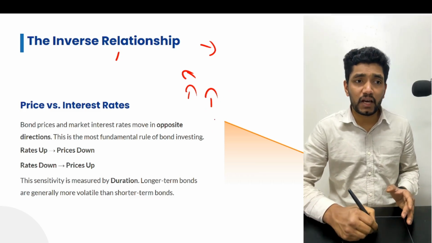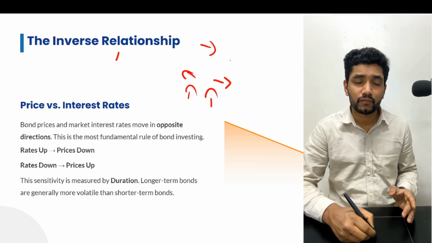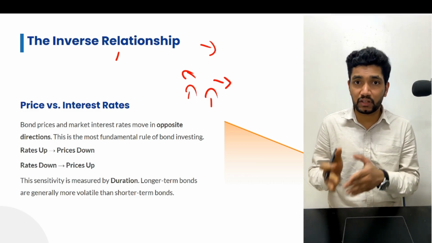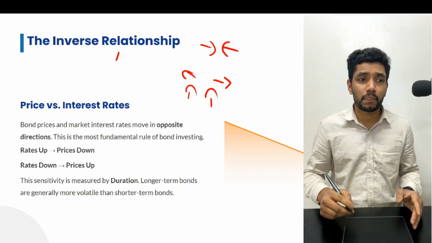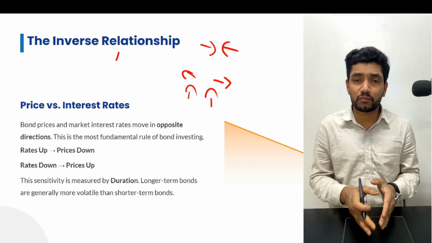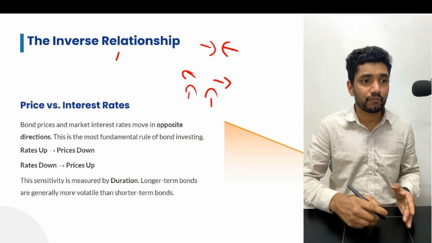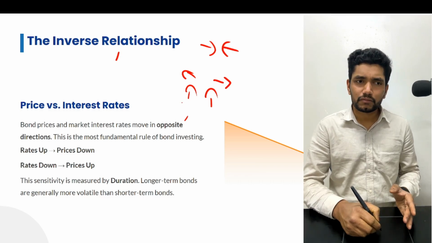But if the market interest rate is reduced, most investors will prefer to invest in the bond, so definitely the bond price will go up. This is the inverse relationship between the market interest rate and the price of the bond. It is moving in the opposite direction.